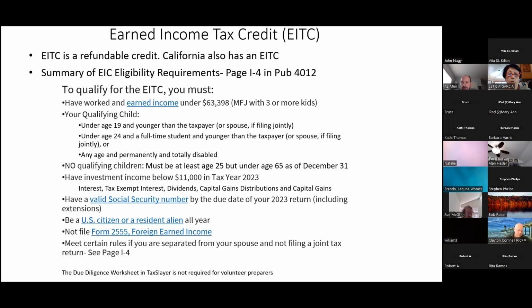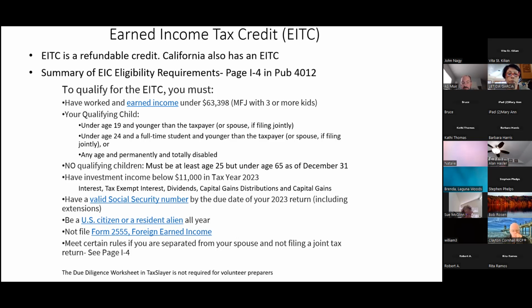And that's called the capital gains distribution. Capital gains distributions are reported typically on a 1099 INT. And when you see the term capital gains distribution, that is a different animal than a capital gain. But again, the point is, if your investment income is below 11,000, you're okay. If it's 11,000 and above, then you're ineligible for EITC.